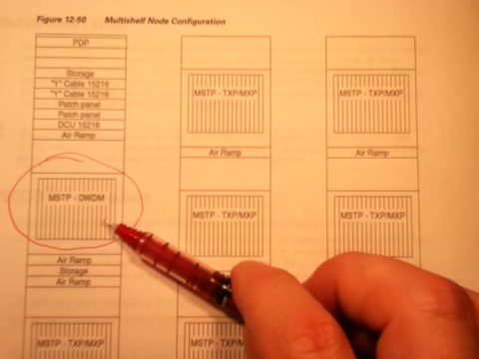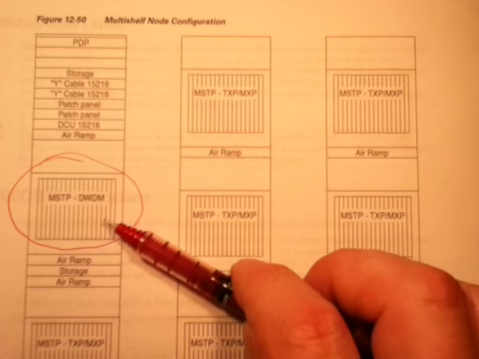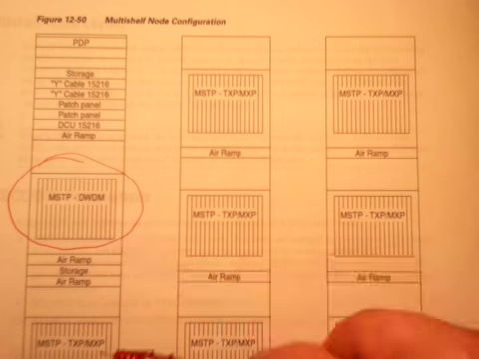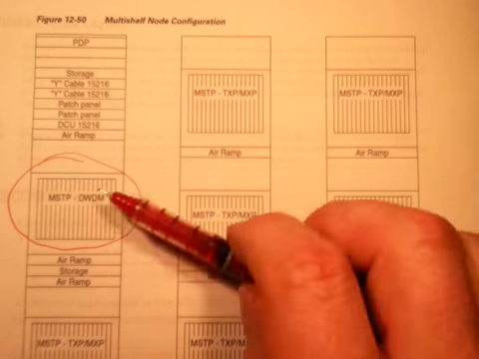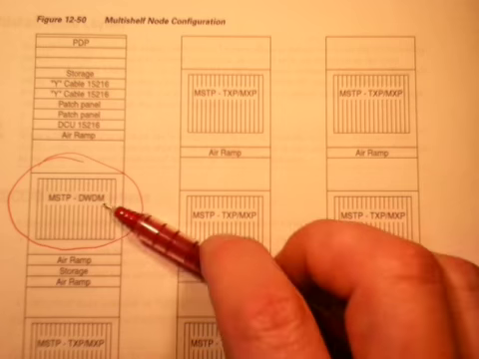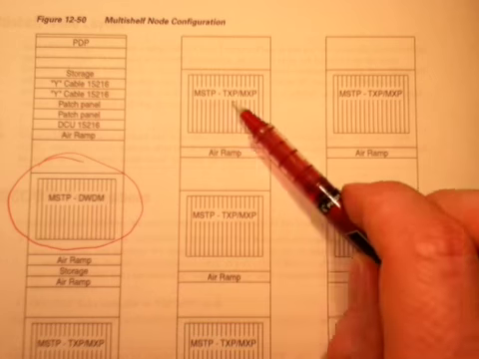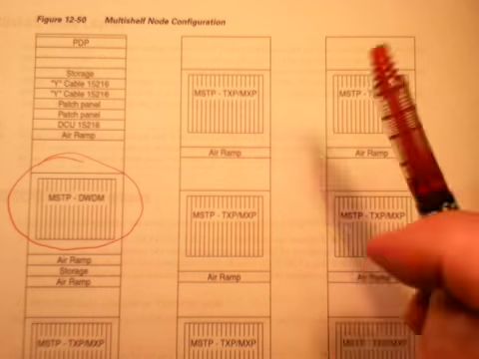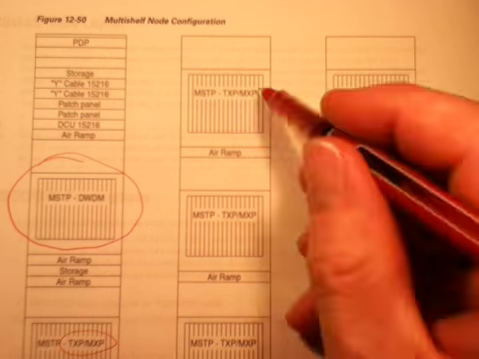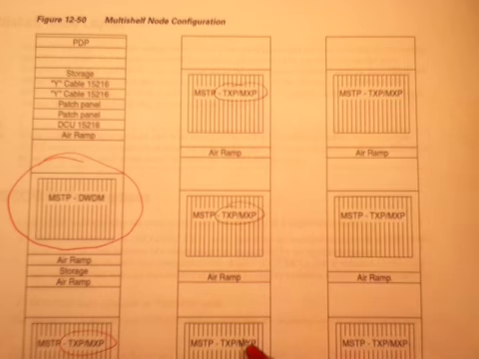It's got lots of wavelengths. Each one of those wavelengths holds many, many multiplexed client signals, and you can see we have a single shelf with DWDM equipment in it, and we have a whole bunch of shelves with the TXP MXPs in them. These are all those cards from Chapter 11.